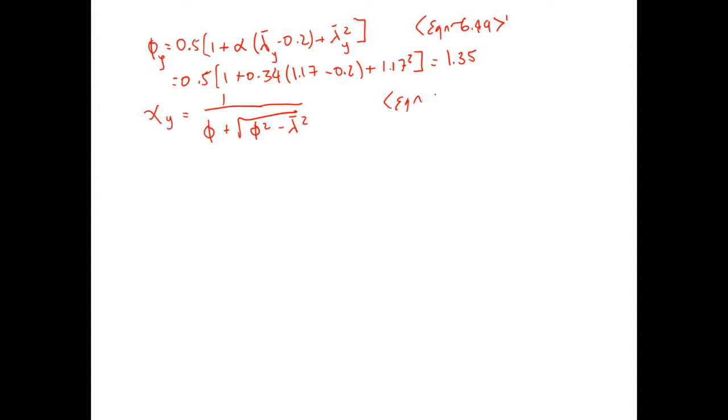I think that's the same set of equations, 6.49. So that's 1 over 1.35 plus the square root of 1.35 squared minus 1.17 squared. And that gives me 0.495. Okay, so that's the reduction factor value.